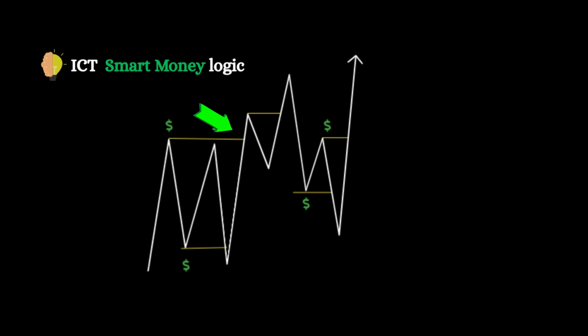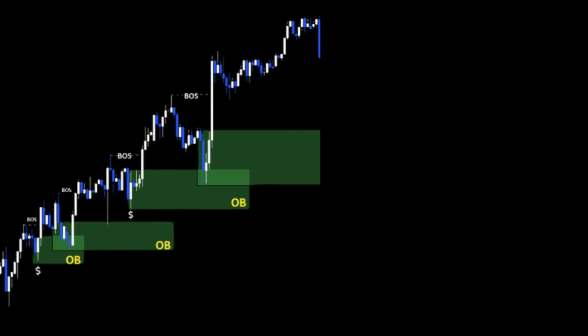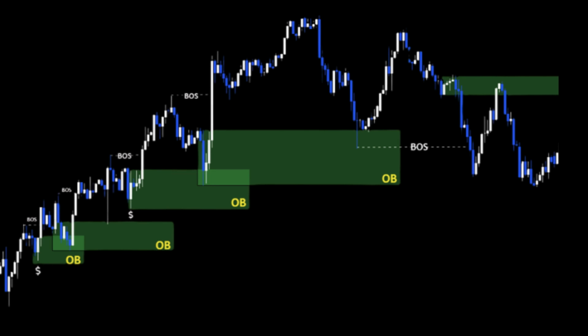It changes structure, break of structure. 3. It returns to an order block zone before moving again. In practice, however, the market can sometimes move directly from an order block without a proper liquidity grab. That's why I consider liquidity to be a bonus, useful for reinforcing a scenario, but not essential for trading order blocks effectively.